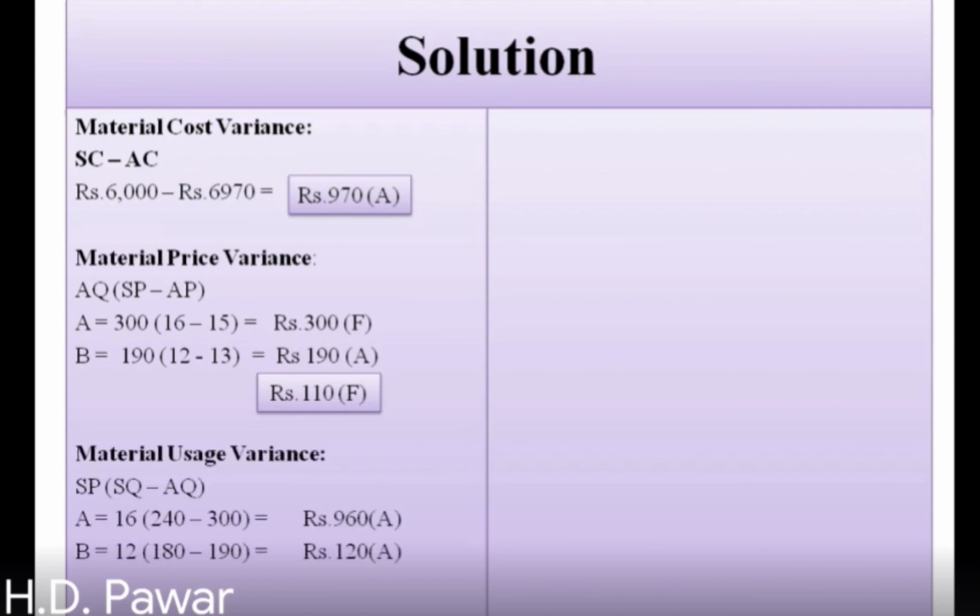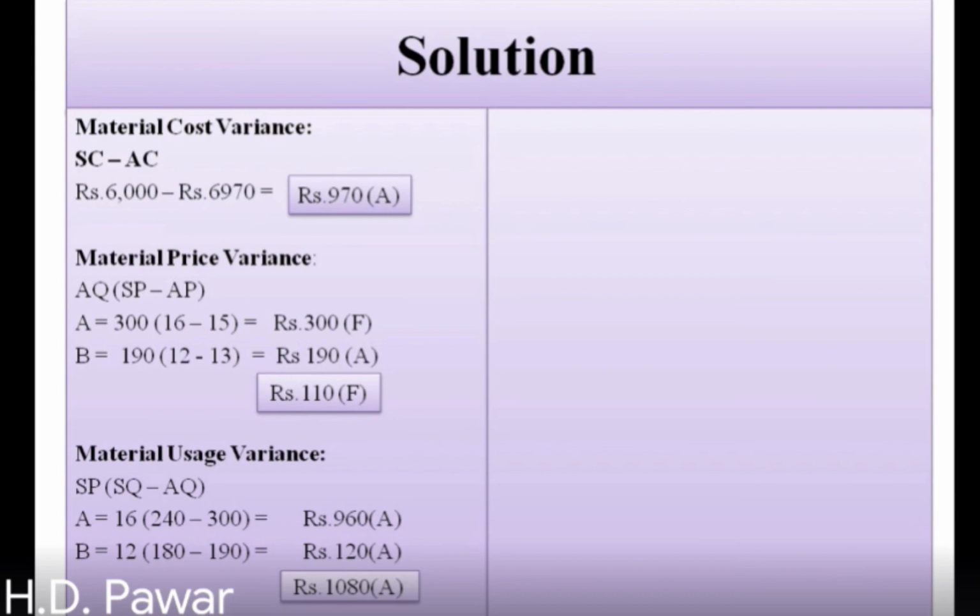Then material usage variance, just like the above formula, but here usage and mix are calculated separately. So usage is standard quantity minus actual quantity. Okay, and here 180 adverse, 110 favorable.